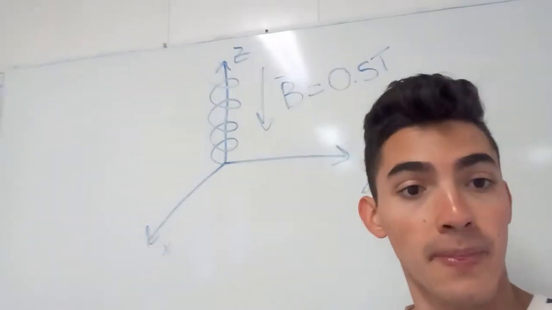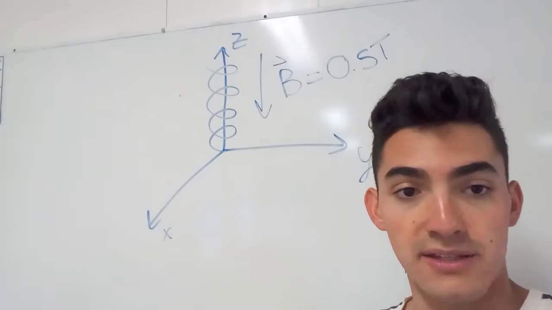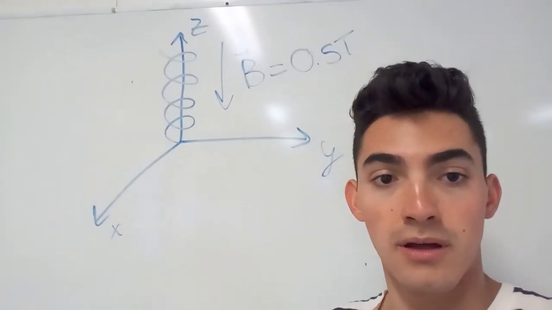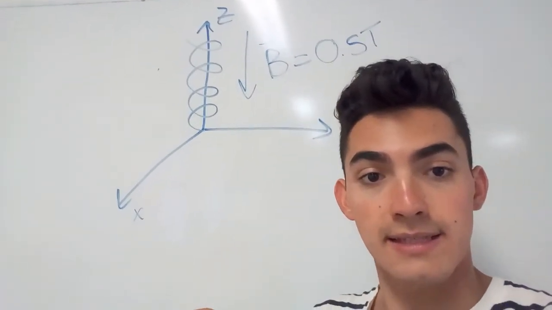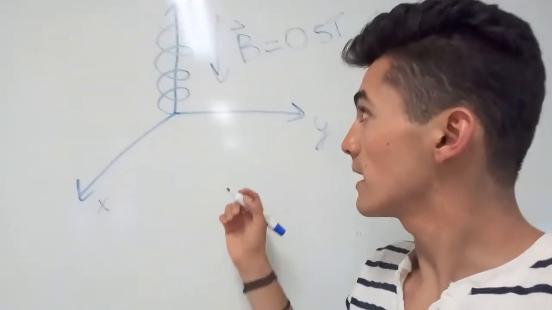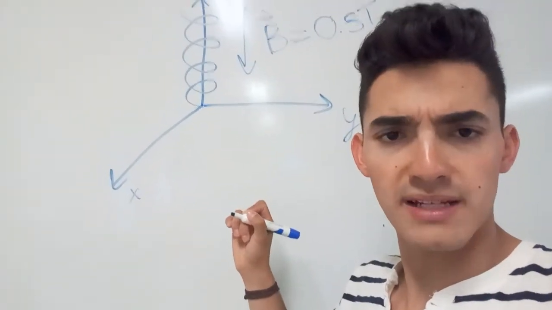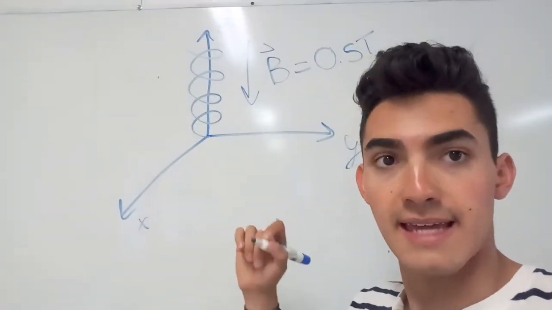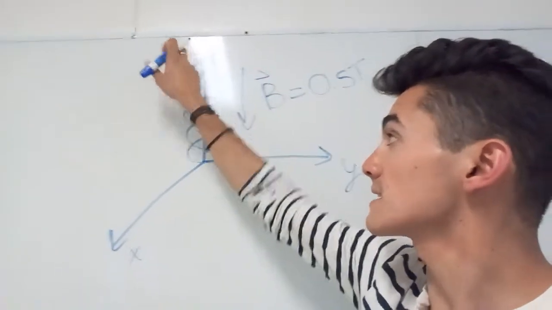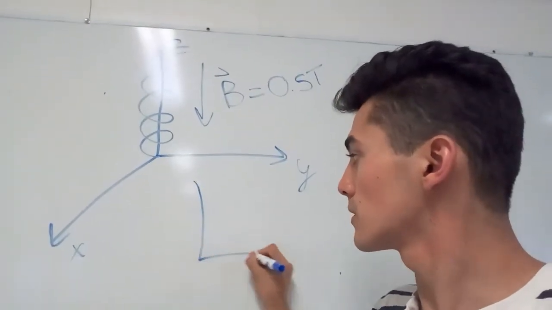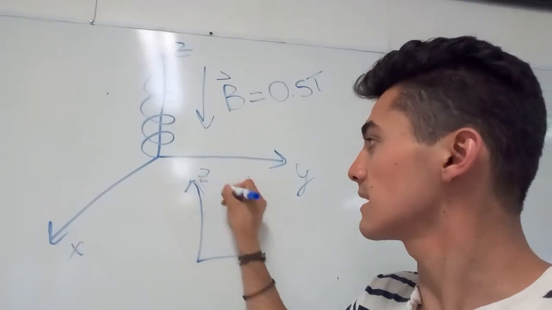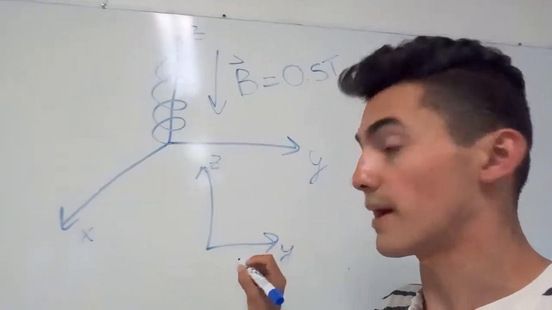In z, the velocity vector is at an angle of 60 degrees with respect to the positive z-axis. So here we have our z-axis, and here we have y.